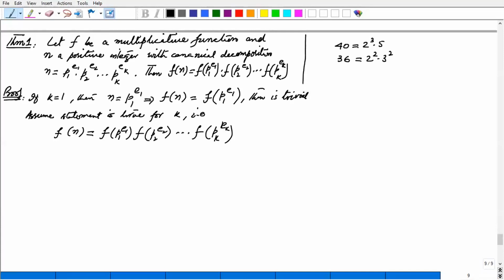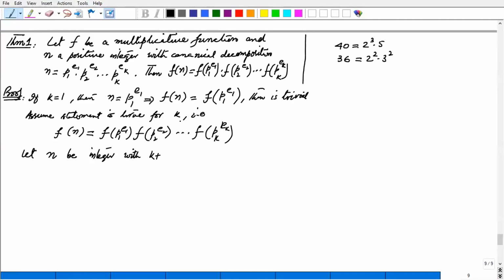Okay, when we take k plus 1, we assume that n is any integer with k plus 1.